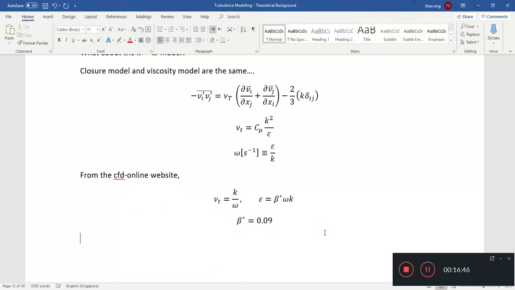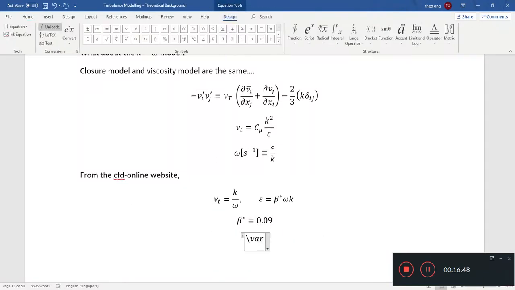Alright, so if I make omega the subject here, omega equals epsilon divided by beta star and k.